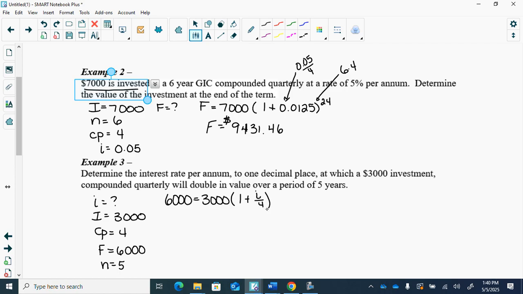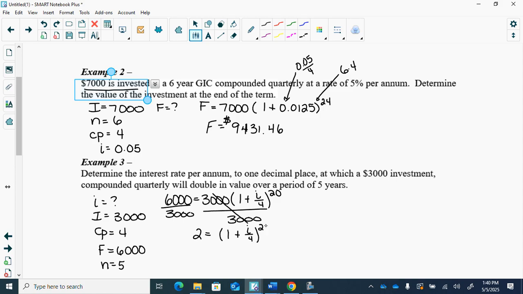And then what's up here? Yeah, 4 times 5 is just 20, right? We know our initial and final will always divide it out. So we get 2 equals 1 plus i divided by 4 to the 20.